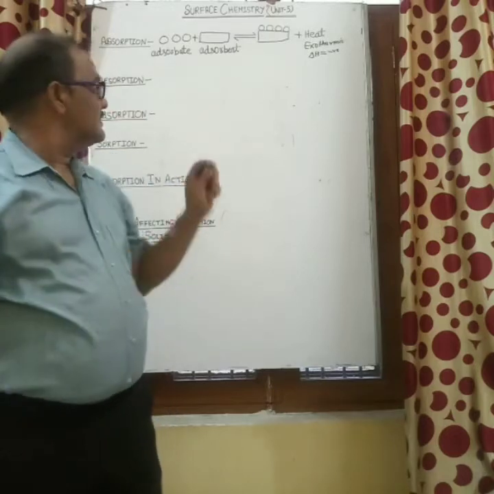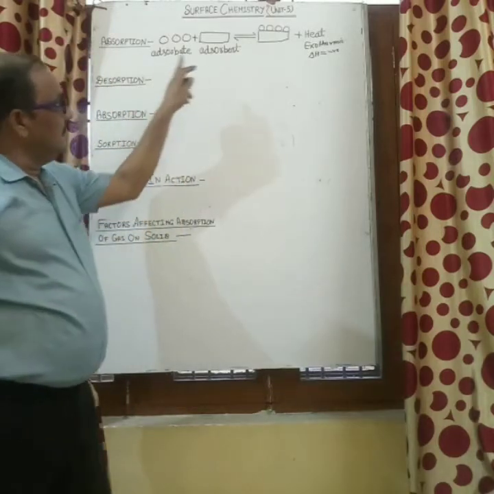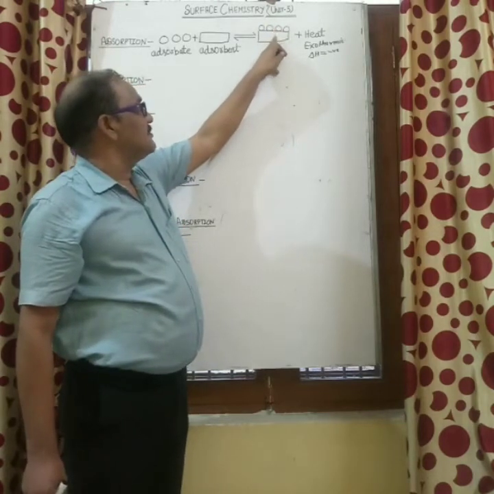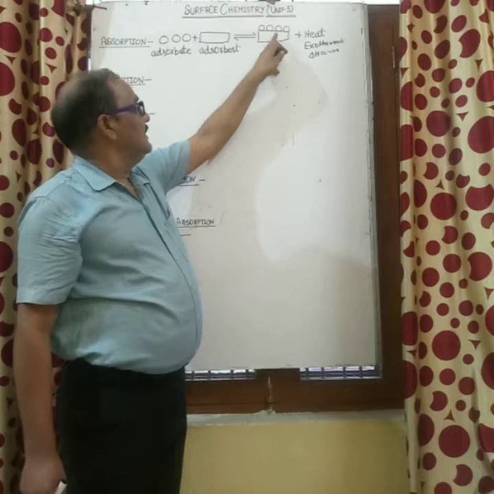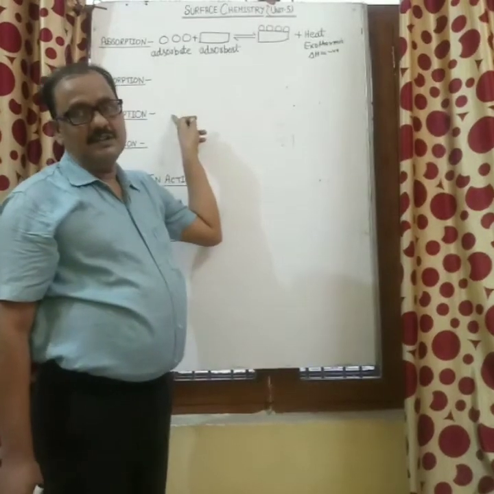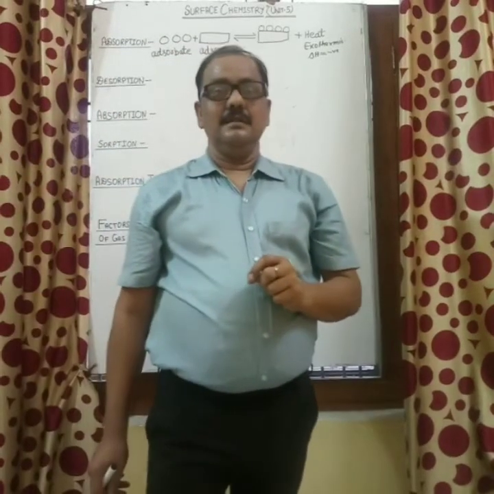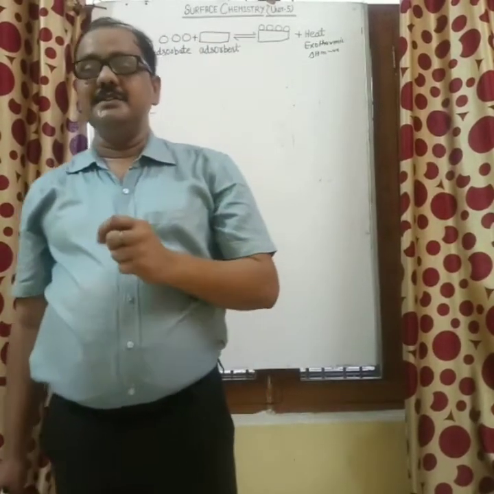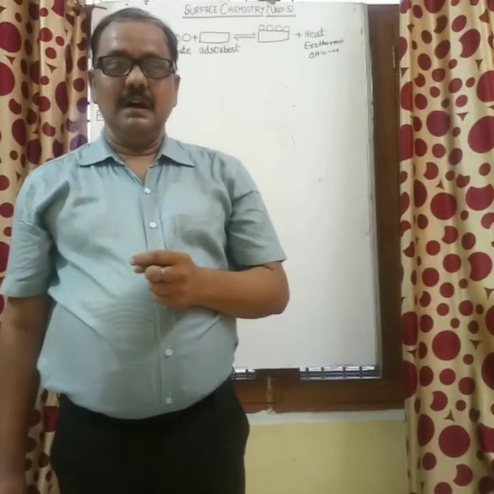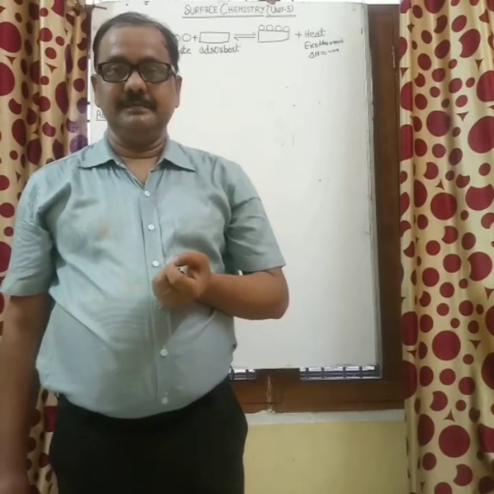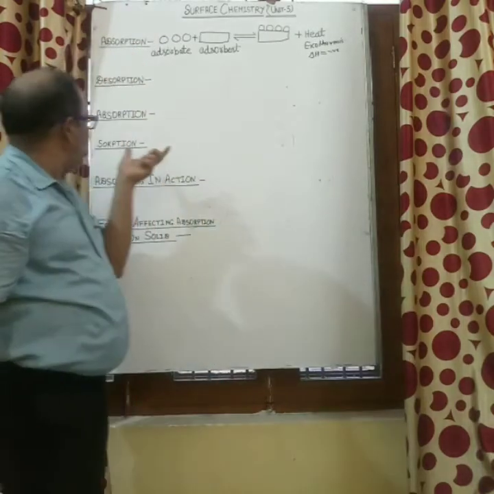It means if you remove molecular species from the surface of the solid, that process is known as desorption. And desorption can be done either by increasing the temperature or by reducing the pressure.